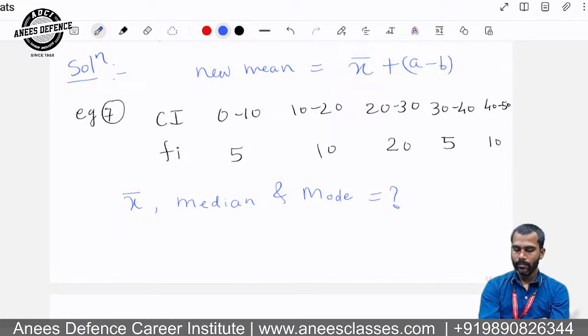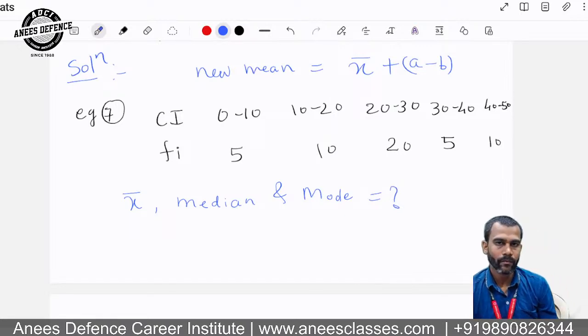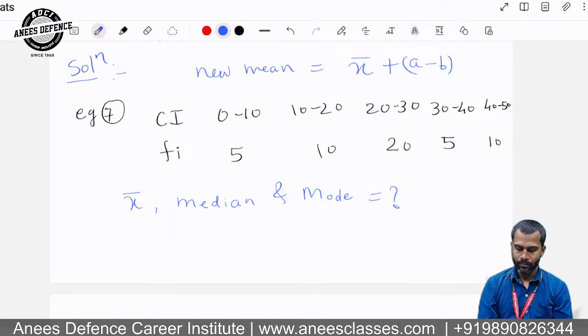Very easy. You need to find out mean, median, and mode.